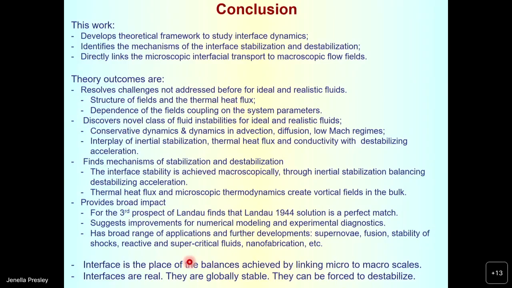An interface is not a well-resolved tiny line. We may not care what it is, but what we do need to care about is to count balances on one side and on the other side and ensure that there are no losses. And in this case, interfaces in general are globally stable, whether in ideal or realistic fluids, and they can be forced to destabilize by some acceleration.